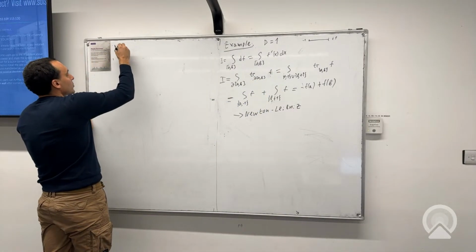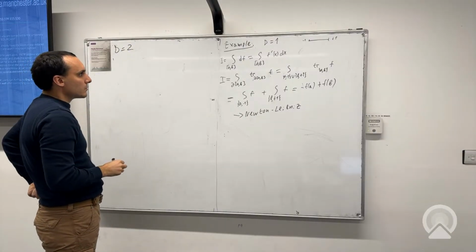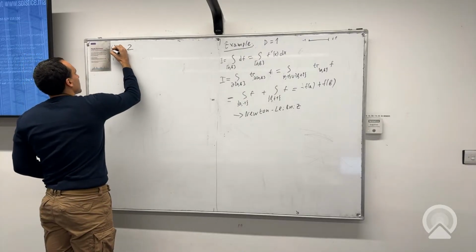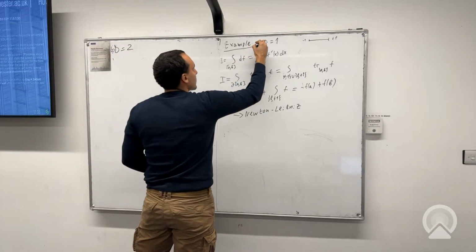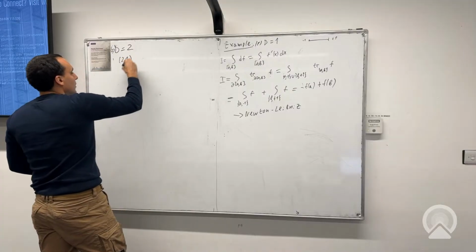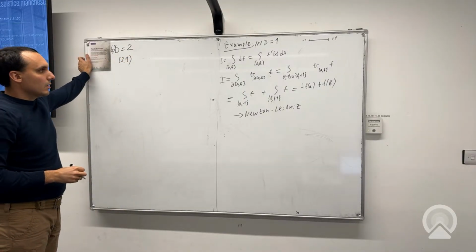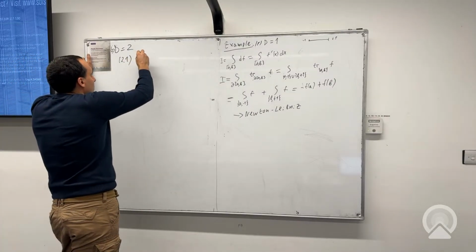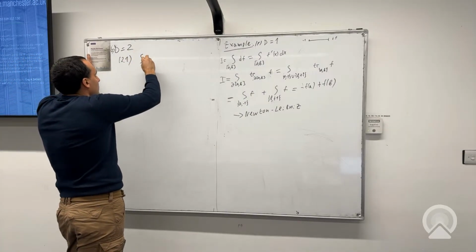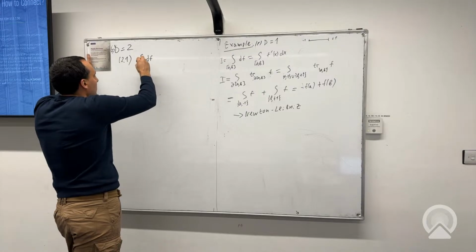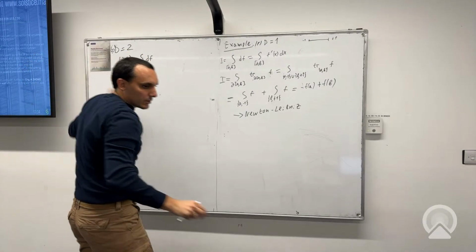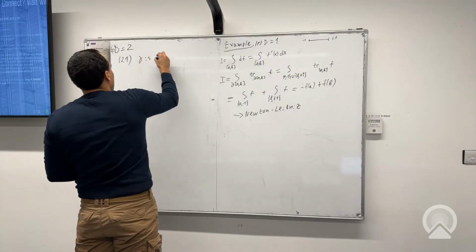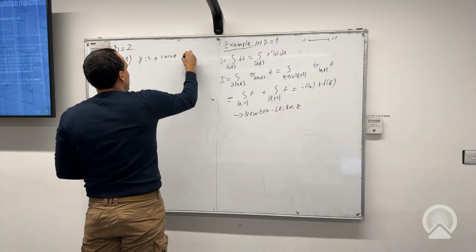If you have d equals 2, so this is 2, this is 1. Case 2.1 will be the integral of df over some gamma, where gamma is a curve in 2D.